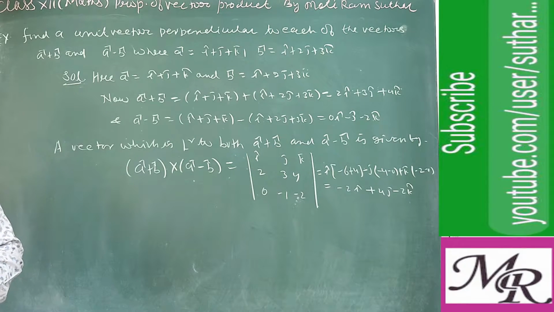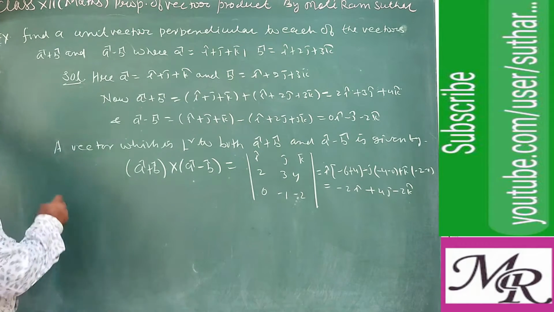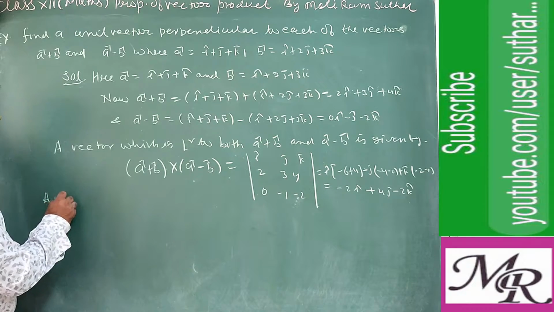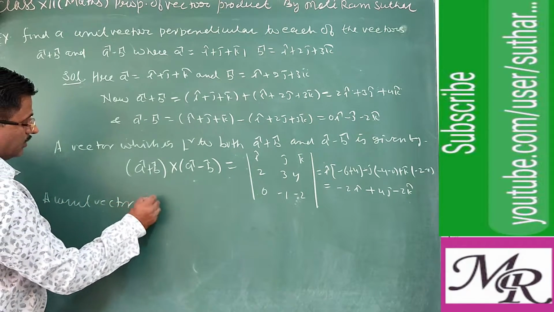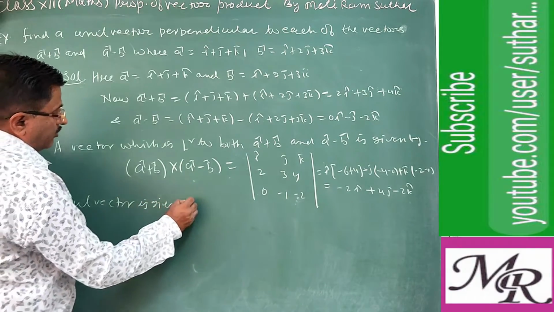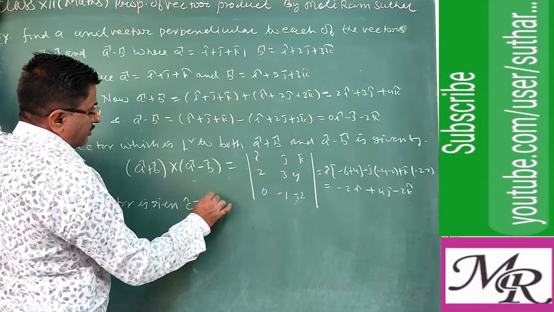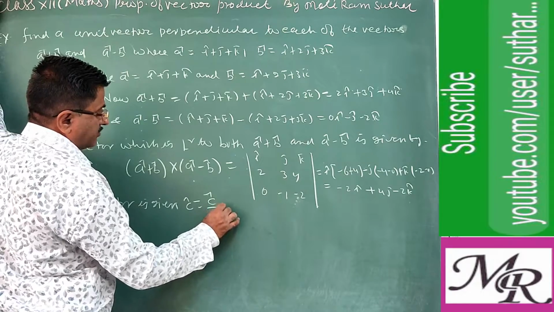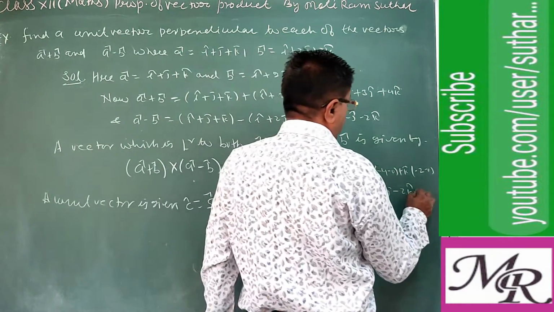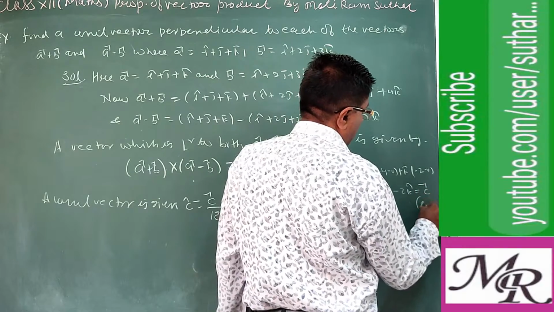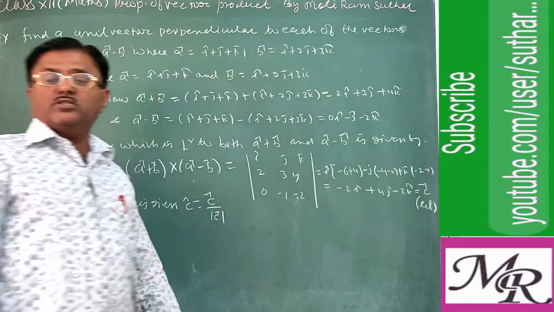Now we need a vector that should be a unit vector. So by definition, a unit vector is given in general by the vector divided by its magnitude. It means now we want to find the magnitude of this vector.